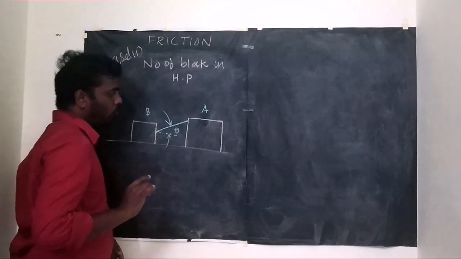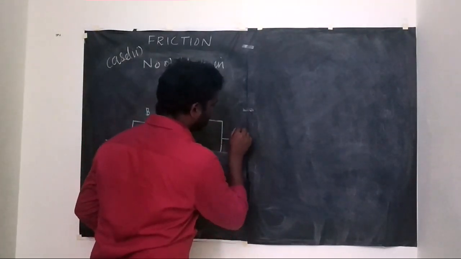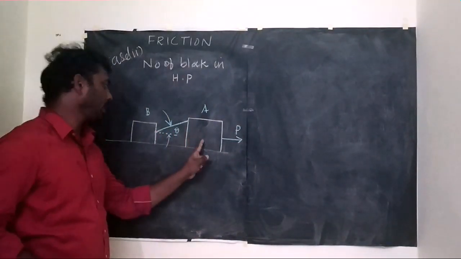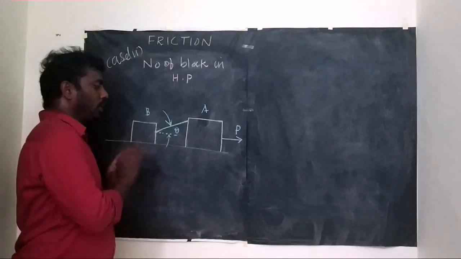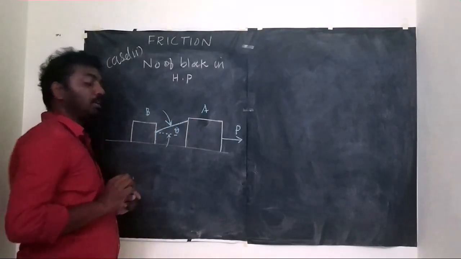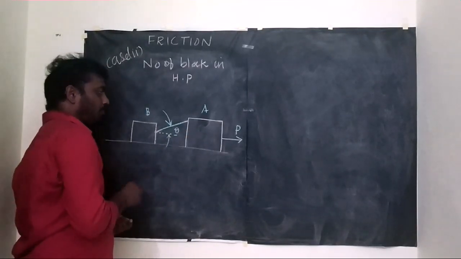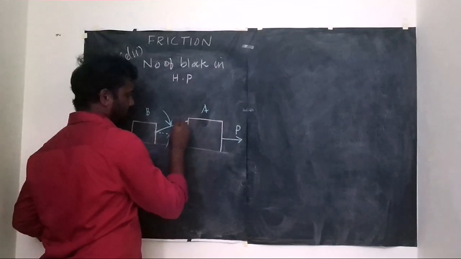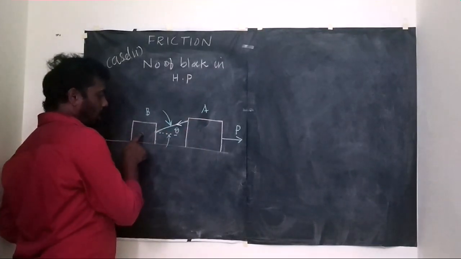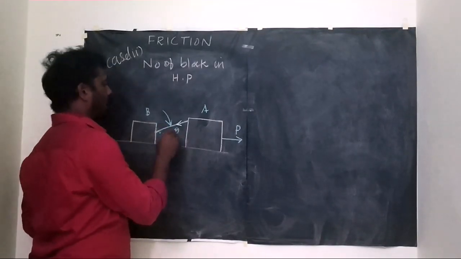Now I am going to apply some external force P at block A. Due to this external force, block A and block B try to move towards the right. Here the tension is very important. In block A, the tension is acting in this direction. Then in block B, the tension is acting opposite to this direction.